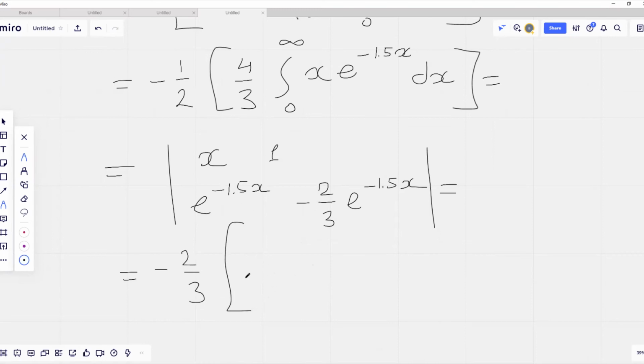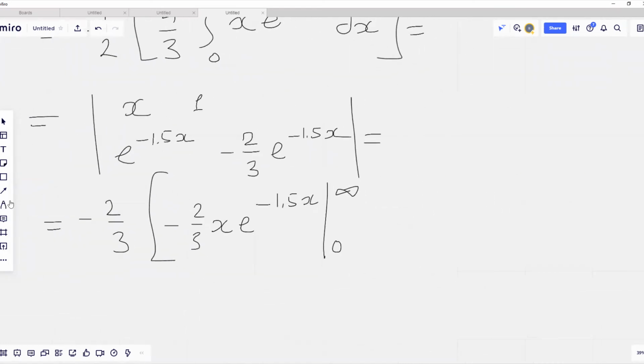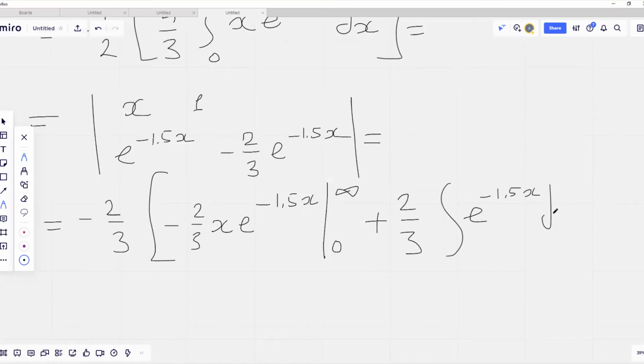UV is x multiplied by that. So e to the power of minus 1.5x from 0 to infinity minus integral of v du is then plus 2 over 3 integral of e to the power of minus 1.5x dx.